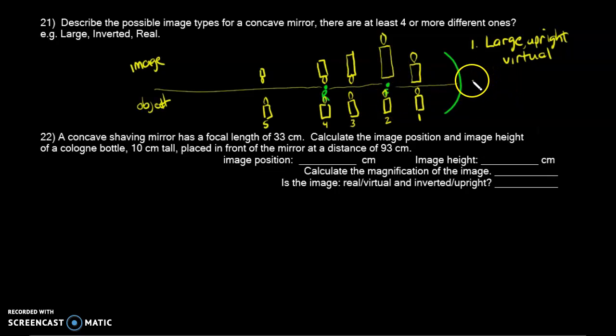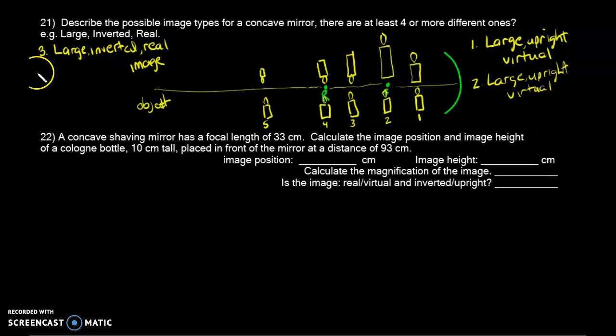Same thing at the focal point. It is large, upright, and virtual. Now when I get here to points 3, 4, and 5, point 3 is still larger than the actual candle, but it is now inverted and it is real. And then at point 4, it is not magnified. It is 1:1.